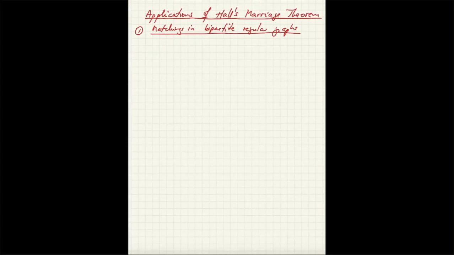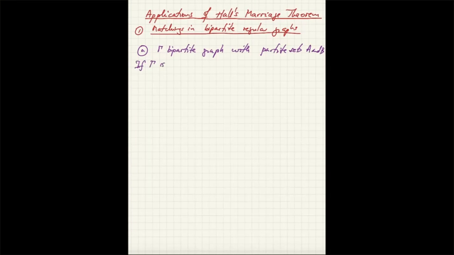So let's do some observations first. Let's write here 1a. Let's assume that gamma is a bipartite graph with partite sets A and B, as always. And now what I want to show is the following.